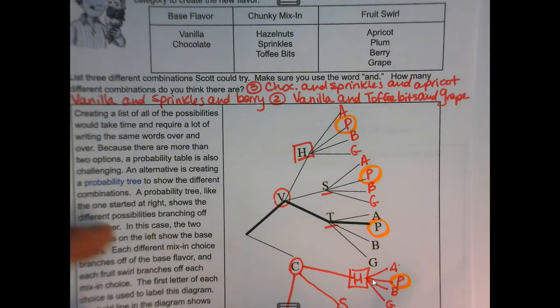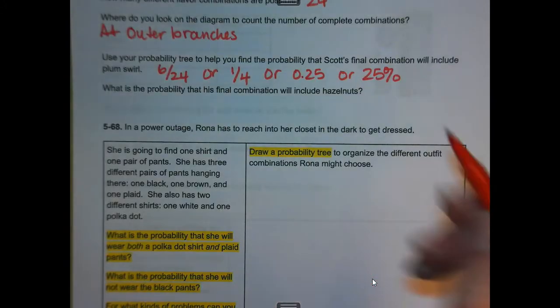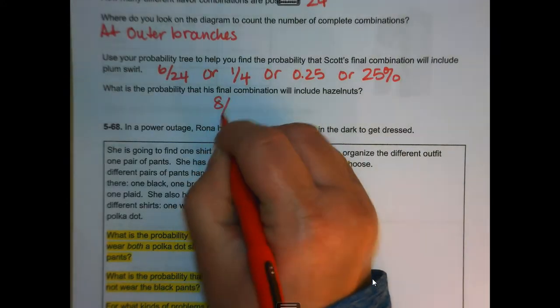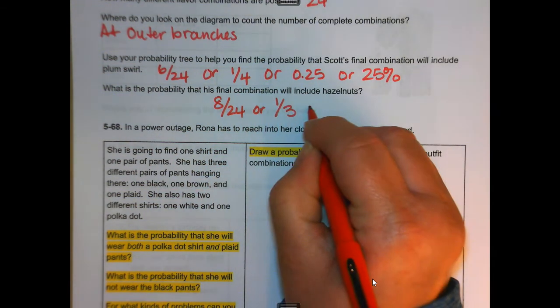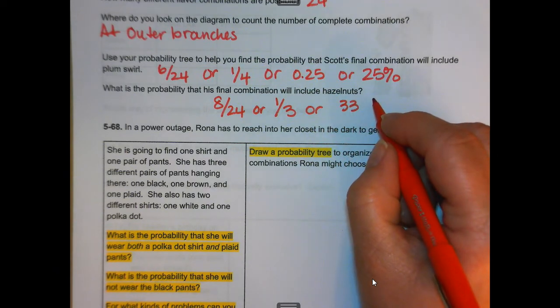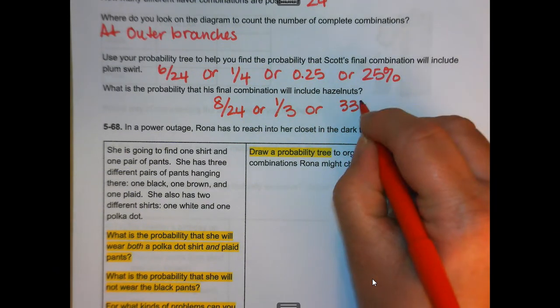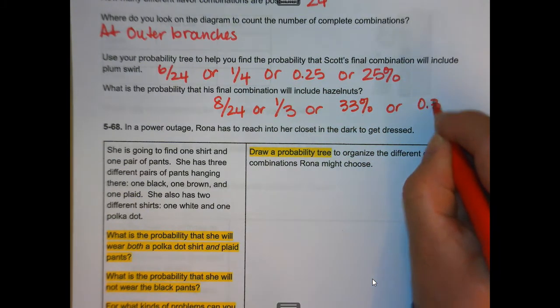Not really complicated. We just have to make sure that we're looking at the right data. And so this would be 8/24ths, or 1/3, or 33%, or we could do decimal.